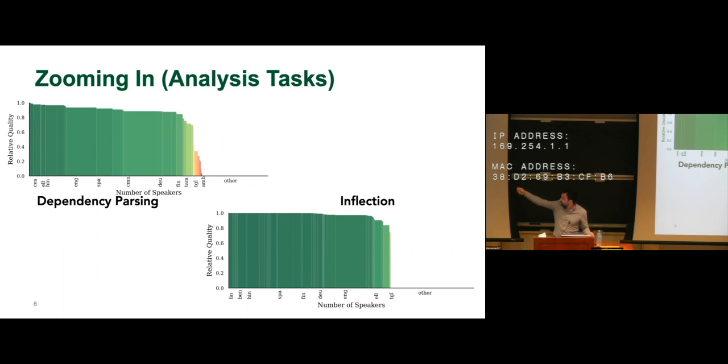When you create a plot like this, where the x-axis is the number of speakers per language, and the whole x-axis is, say, the world's population, and each bar for the language is proportional to the language's population, and the y-axis is utility or performance in this case, you can see very interesting things.